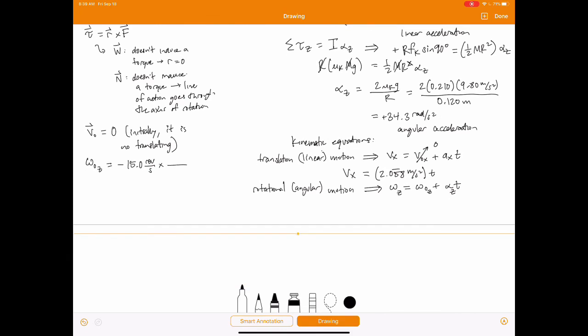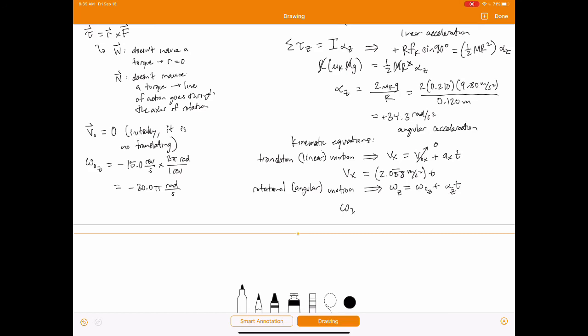And we want to convert this real quick to radians per second. So in every 1 revolution, we have 2 pi radians, which means I can write this as minus 30.0 pi radians per second. So that would be the initial angular velocity of the wheel.